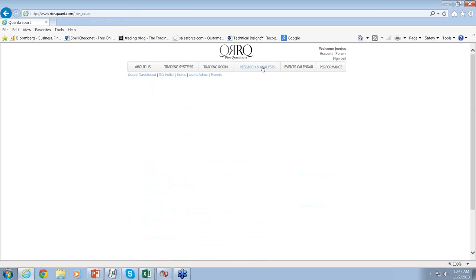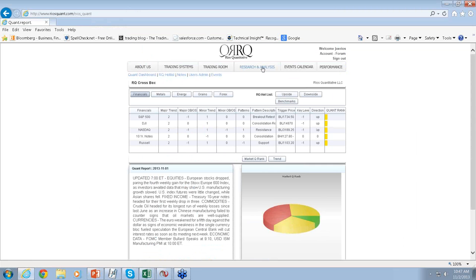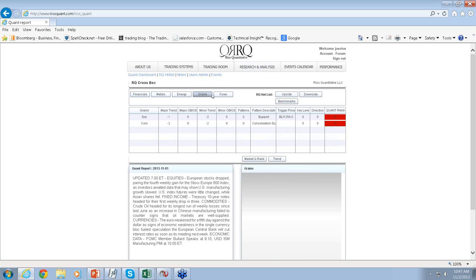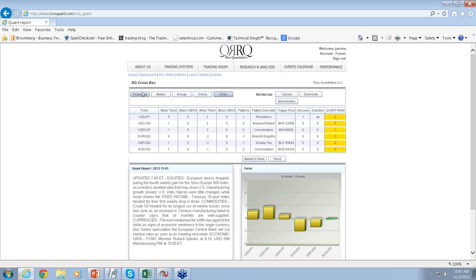This is a tool, very different, but I'll tell you where the primary purpose is. If we've got quant rankings of bullish, neutral, or bearish, you can see all of the instruments here. We build out of 5 different asset classes: financials, metals, energy, grains, forex.